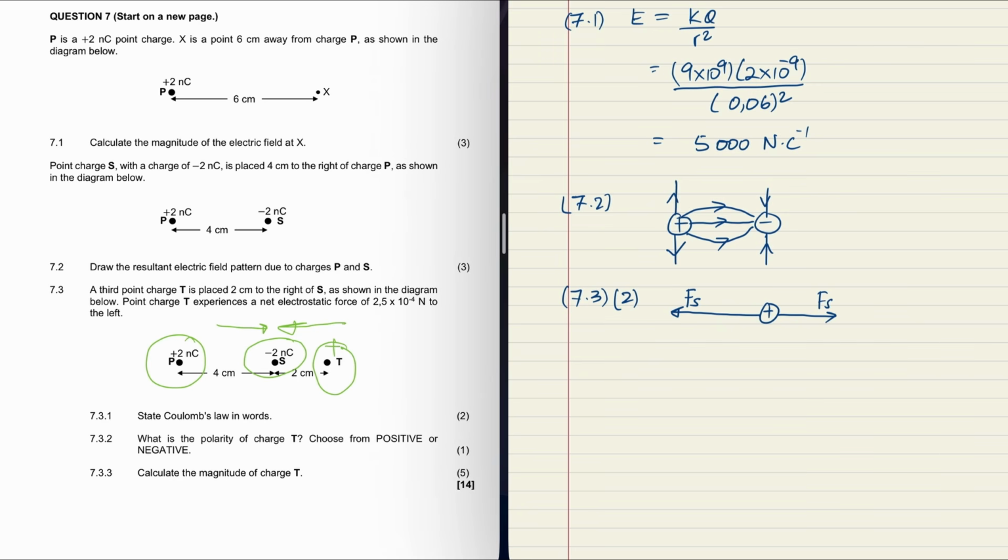But the force at which it's being repelled is not going to be as much as the force with which it's being attracted, because P is further away. Remember, as you get further away, the force weakens. And so, yes, this makes sense, because then we're going to have a net to the left, which is what the question is telling us we do have. So the answer here is that it is positive.